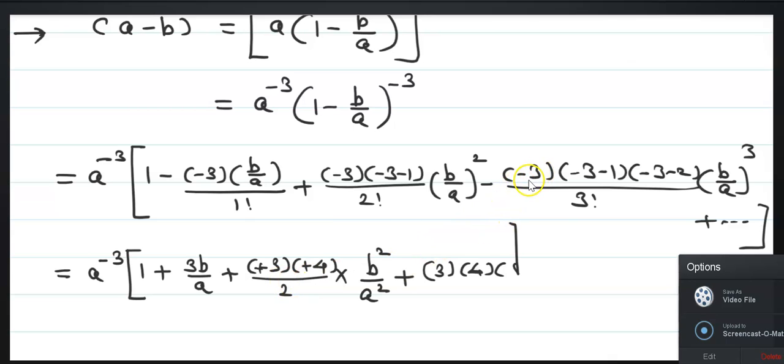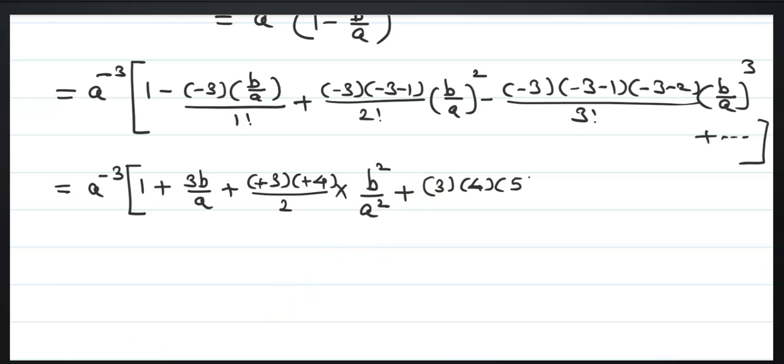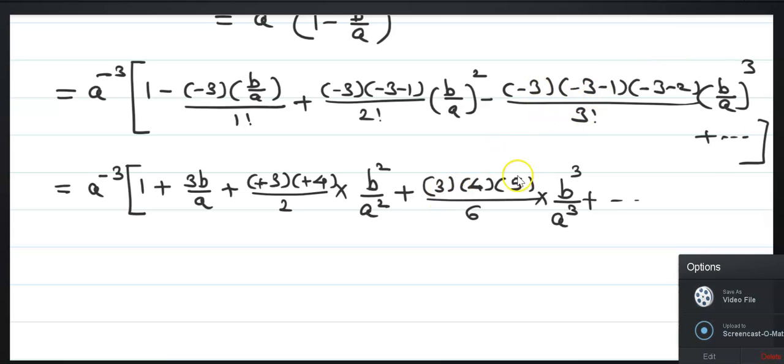Now the next is minus, minus, minus 3 times and again 4 times minus. Overall you will get the plus sign. Now see this here, 3, 4, 5, 3 factorial means what? 6 into b raised to 3 upon a raised to 3.